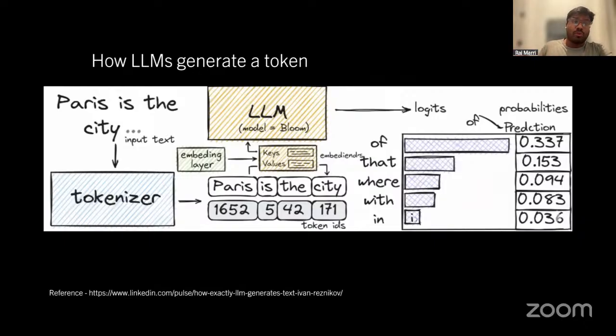So we need to update these words and map them into tokens. We create different token IDs for all these words, mapped into numbers. And these numbers are later transformed into embeddings. They're again huge numbers. These embeddings could be really long, very big. And then these embeddings would later be sent into the LLM.